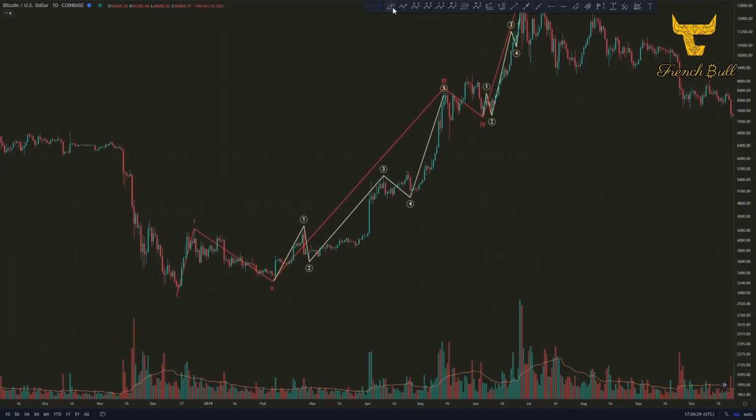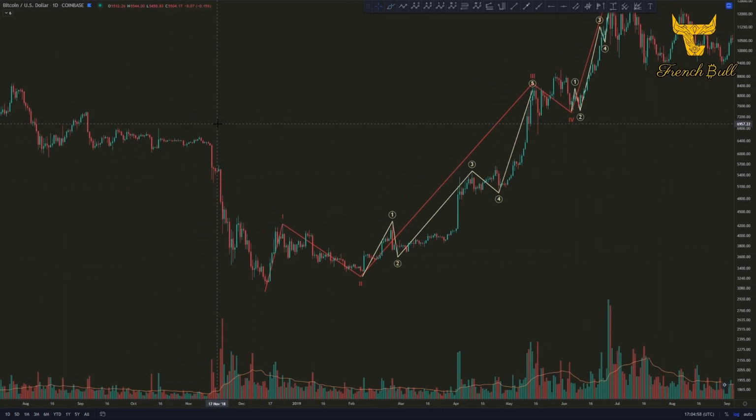But you see how wave 3 is really the move that shows the most growing interest in the trend. So yeah, we'll talk about the personality of each of the waves.